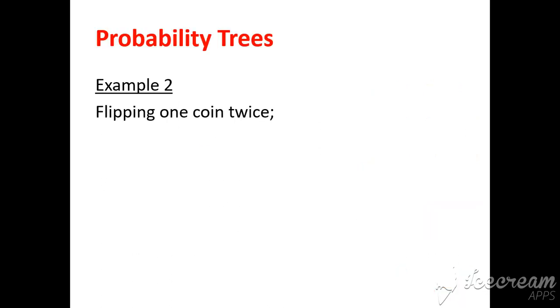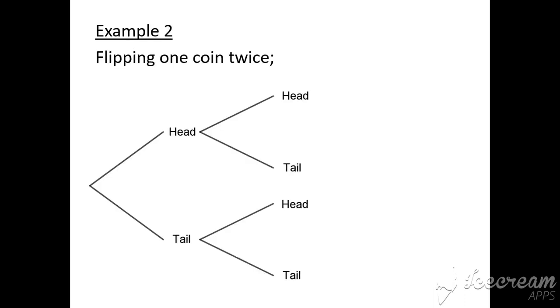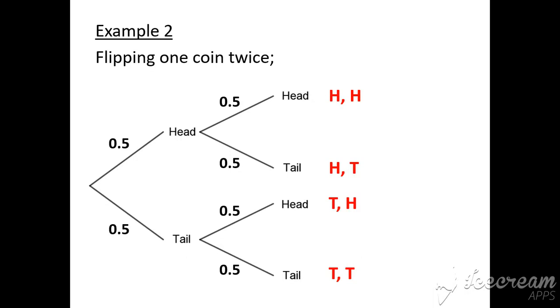All right, well, example 2, a very quick one to finish off with, flipping one coin twice. We did this in the last video, so here's the probability tree. I'm going to put 0.5 on each of the branches because there's a half chance, which is 0.5 chance of each head or tail. So I'm using decimals in this example. Here's the 4 outcomes, and notice what I'm going to do for each outcome.